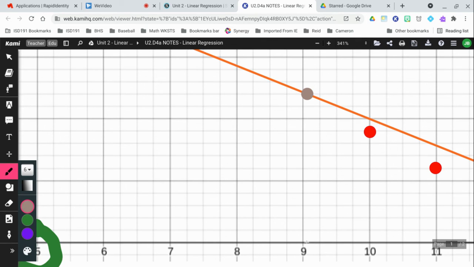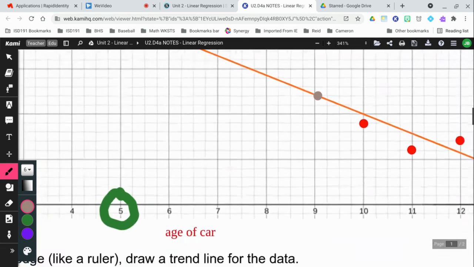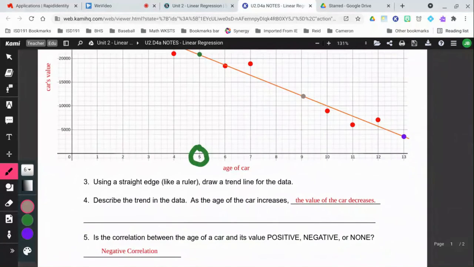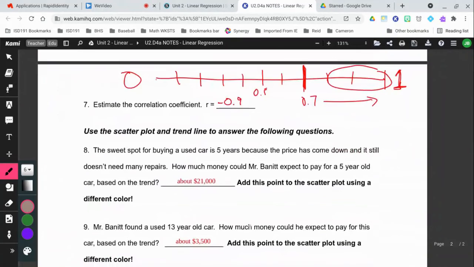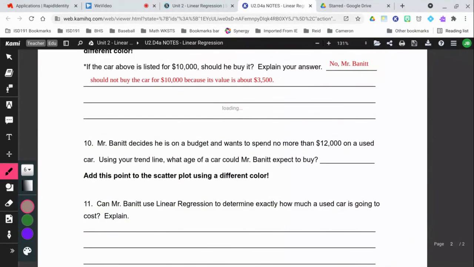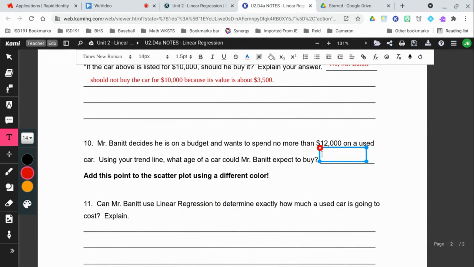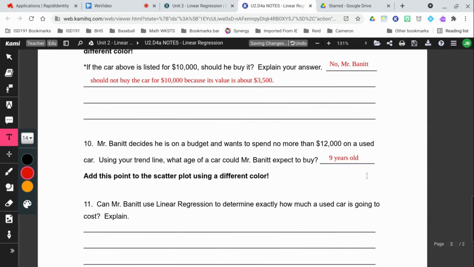So about 9 years seems to be what my trend line is saying. Nine years old for about $12,000.